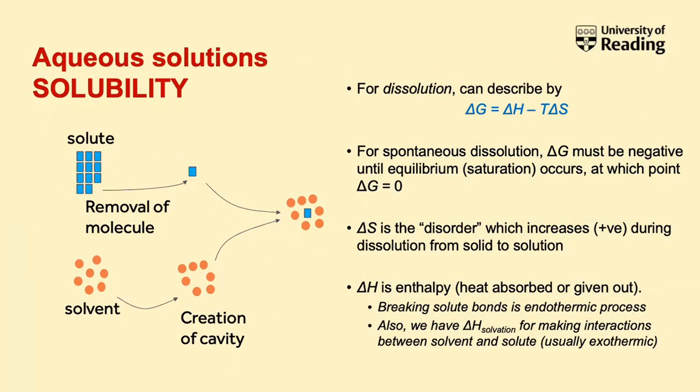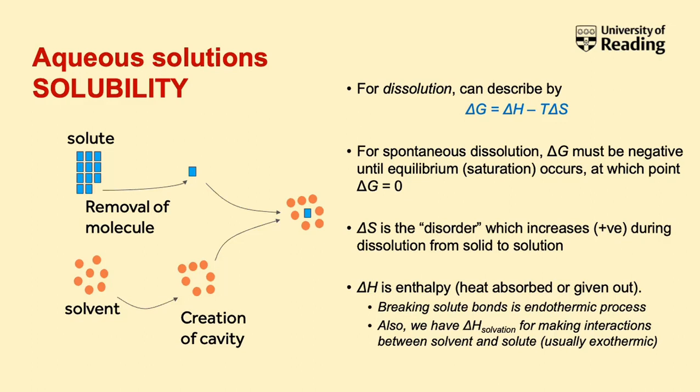The process of dissolution involves breakage of solute-solute and solvent-solvent bonds, both endothermic processes, and the formation of bonds between solute and solvent with the liberation of energy. For dissolution to occur, delta G must be negative, and thus there must be a balance between the enthalpy of dissolution and the associated entropy.